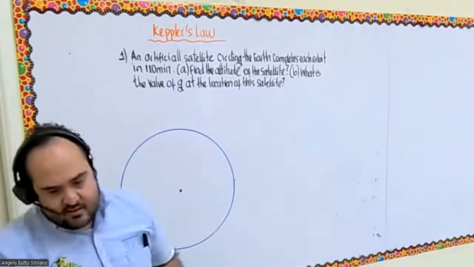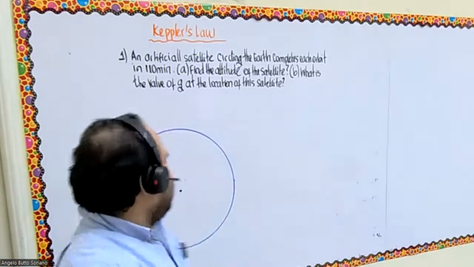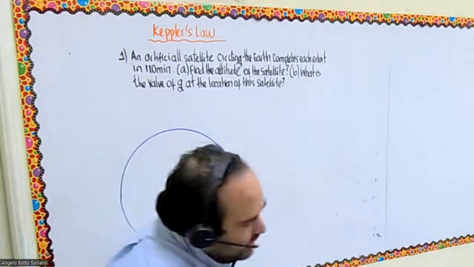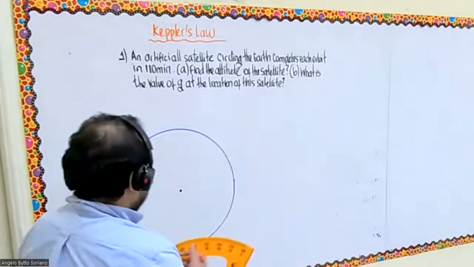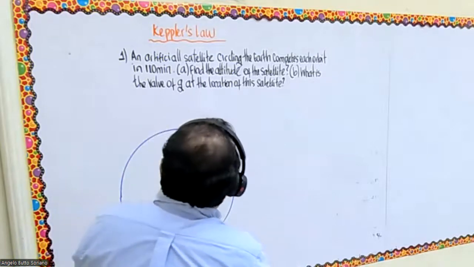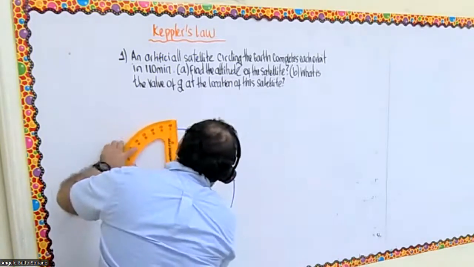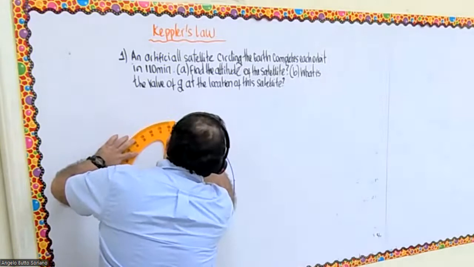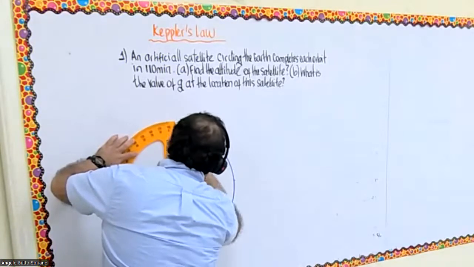And you know, the distance from the center to any point on the surface is what we call the radius of the Earth. That will be the orange line.